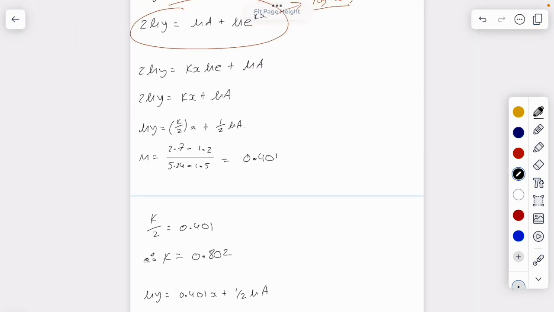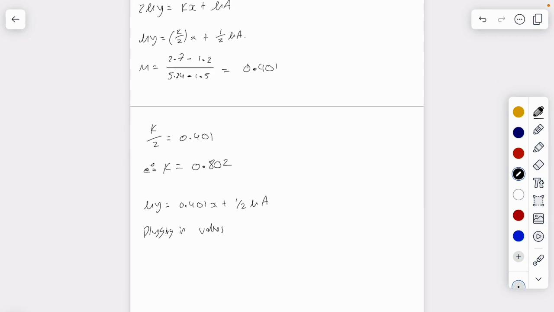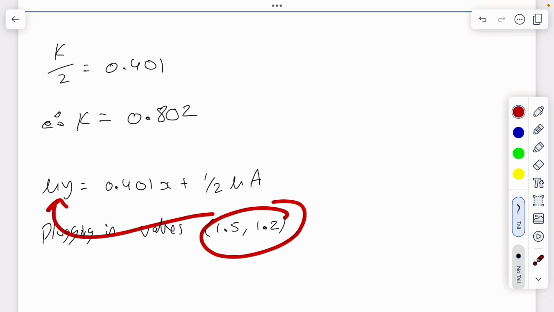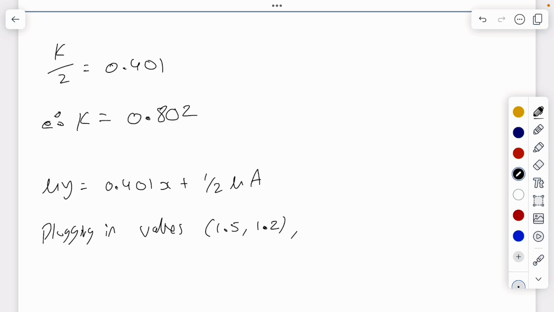So what I'm going to plug in is 1.5, 1.2. When we plug these in, we're going to be able to find a. And now remember, this is ln y, not y.